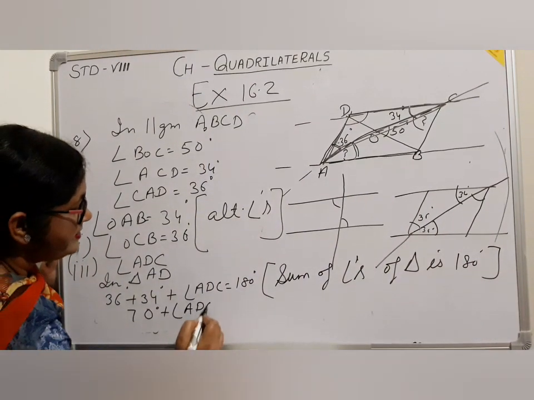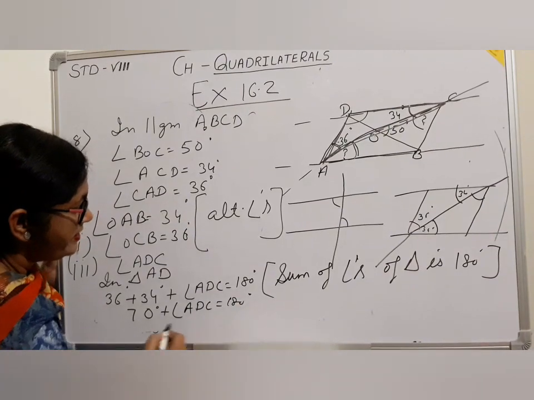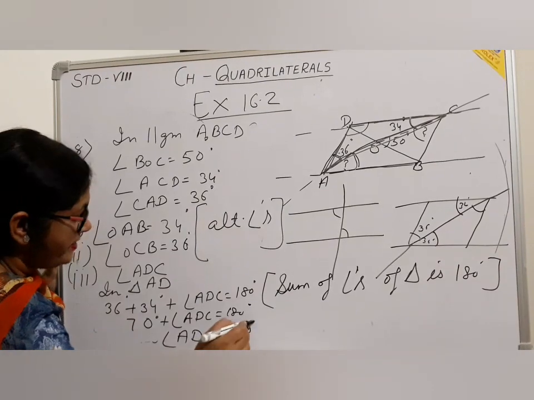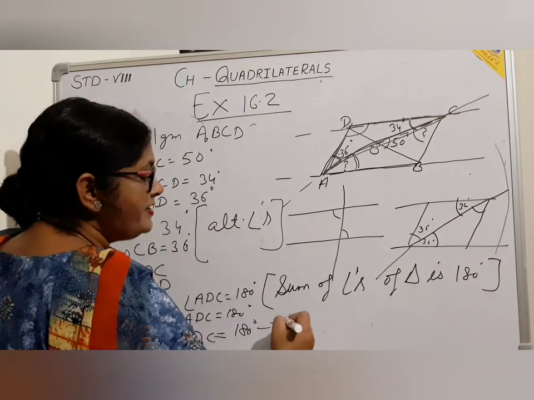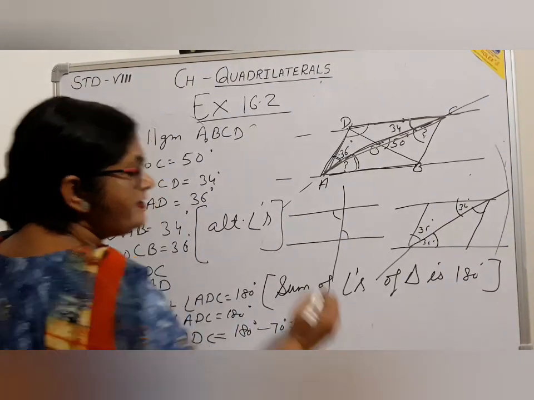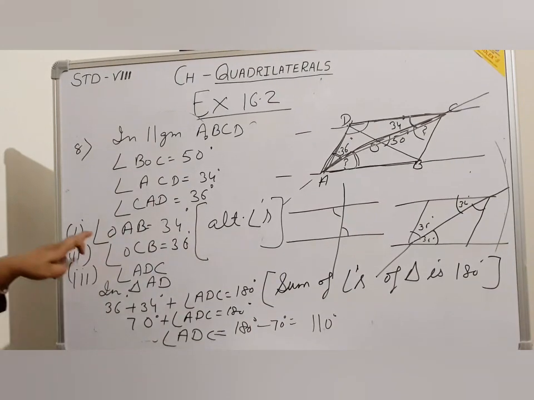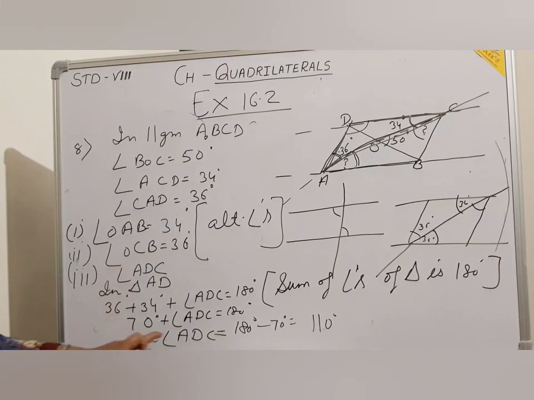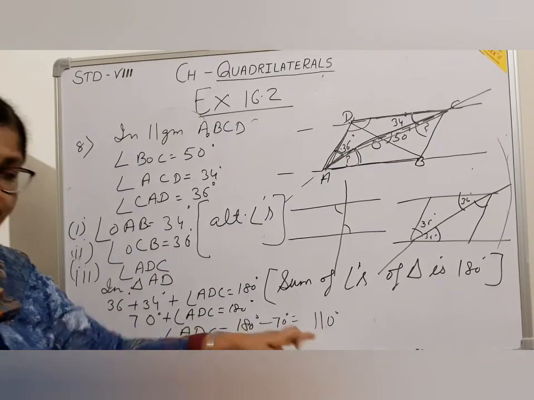Angle ADC is equal to 180 degree minus 70 degree, which is 110 degree. Three answers: angle OAB is 34, OCB is 36 and ADC is equal to 110 degree.